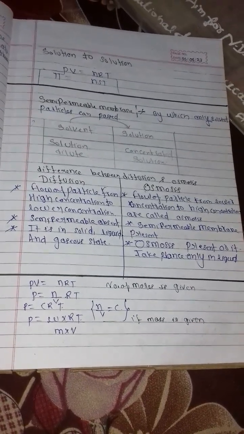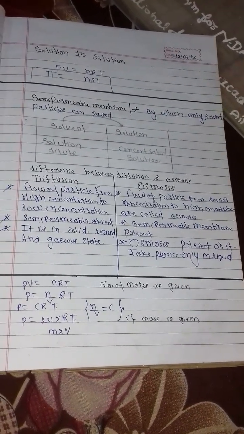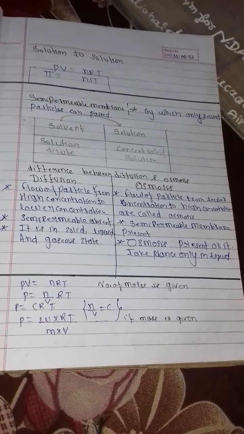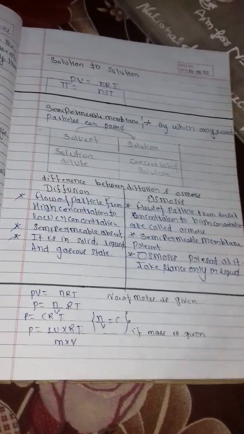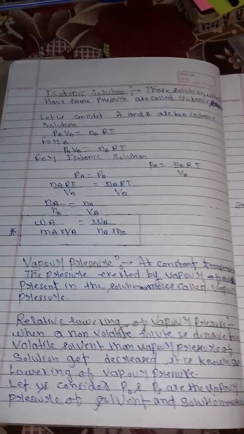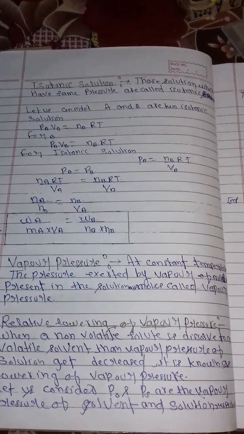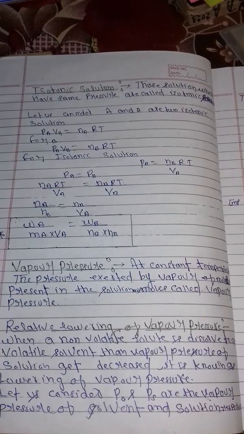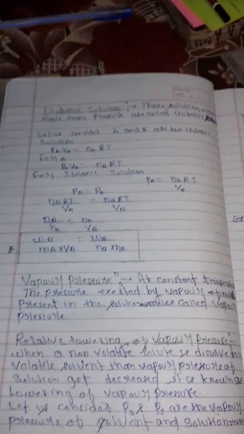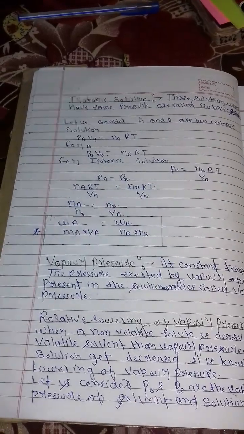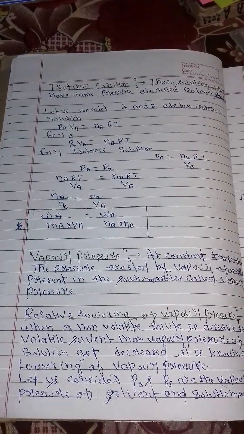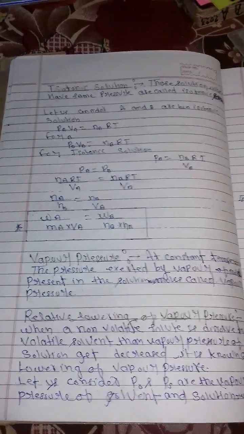PV equals nRT, P equals n upon V into RT, P equals CRT, n upon V equals C, so P equals W into RT upon M into V. Now isotonic solutions. Those solutions which have the same osmotic pressure are called isotonic solutions. Let us consider A and B as two isotonic solution substances.